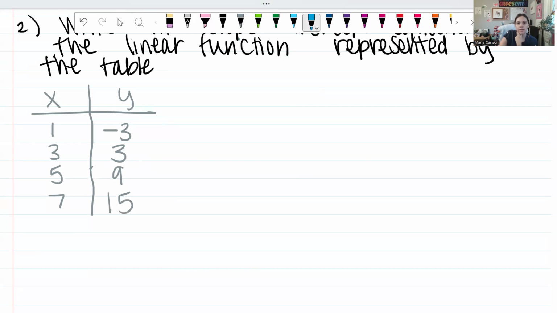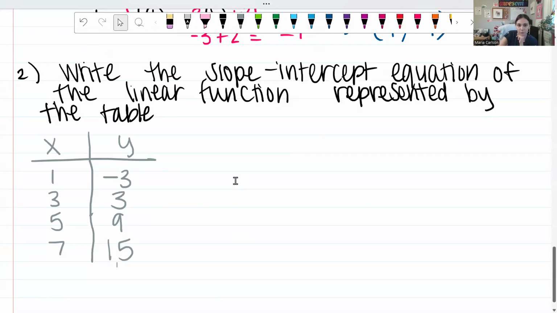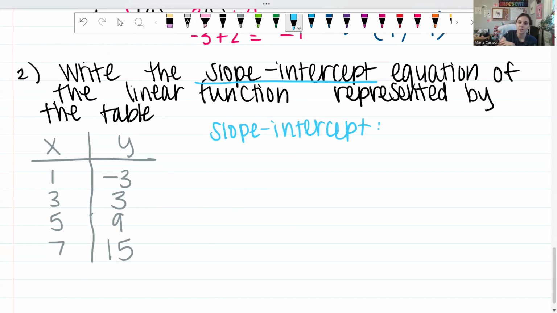So I want to remind you that if we are asked to find our slope-intercept form, according to our formula sheet and notes we already have, it is the form y = mx + b, where m is our slope and b is our y-intercept.